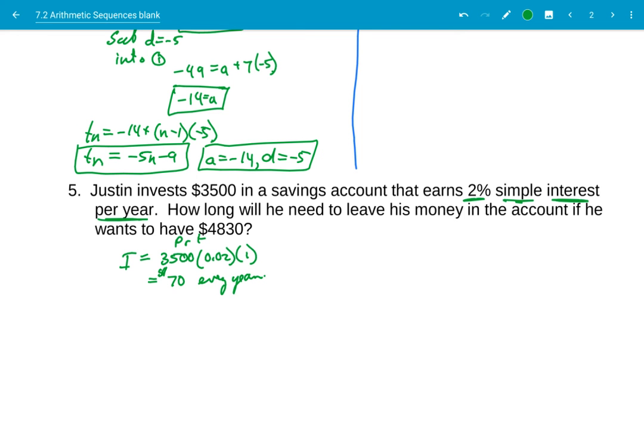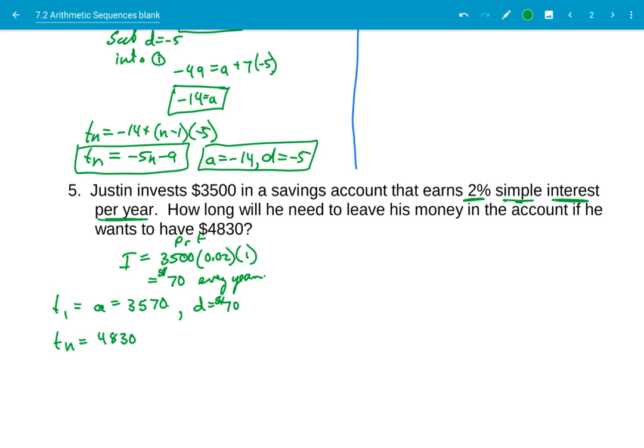Okay, so the initial amount after 1 year is 3570. That's T1 after 1 year. And Tn that we want is 4830. And of course, D is $70.